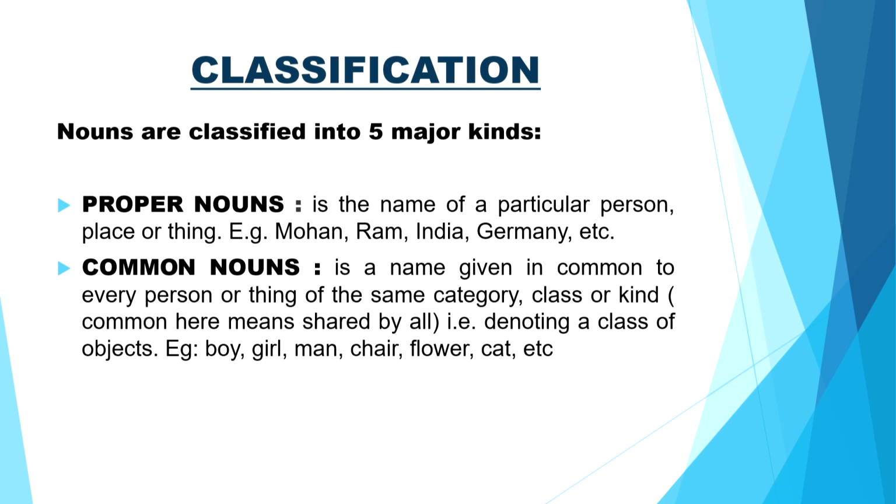A common noun is a name given in common to every person or thing of the same category. Keep in mind, they belong to the same category, class or kind, that is, denoting a class of objects. For example, boy, girl, man, chair, flower, cat, etc.